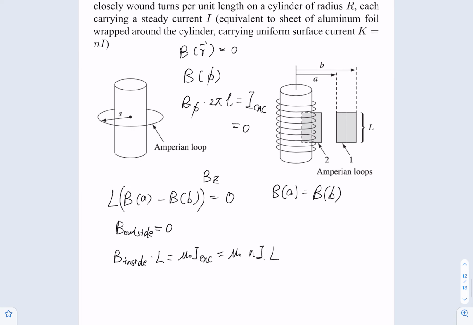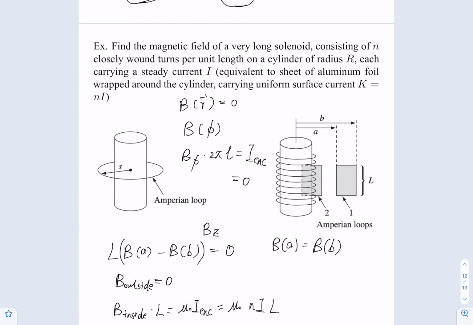So here we then have B inside equals mu naught n I, and we can also figure out the direction of this B field.